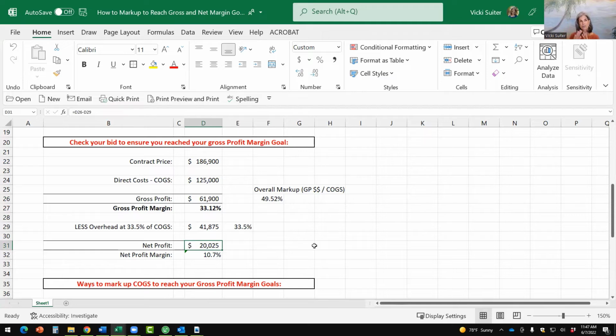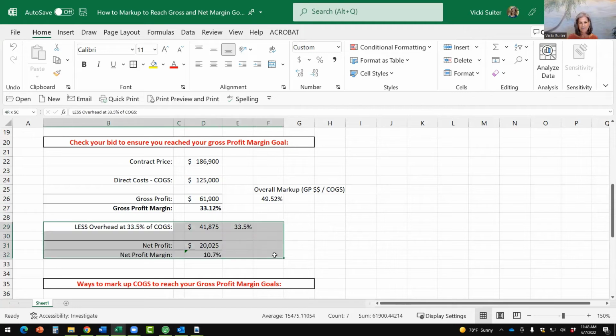So again, what I'm doing is marking up during the bid process, but the final stage is to check my margins and do this math to make sure I'm meeting my gross profit margin target goals. It's a really good practice, if you want to make a consistent profit right out of the gate, when you're bidding projects, to calculate and look at those numbers to make sure you're getting to the gross profit margin that you're looking for in your business.